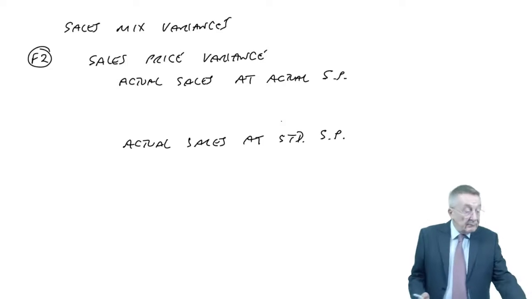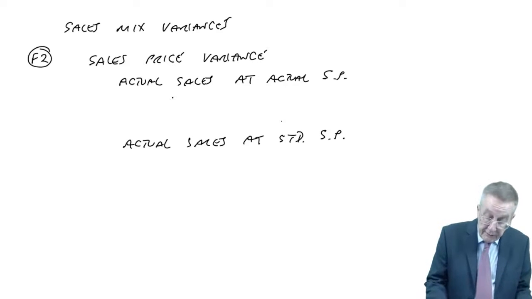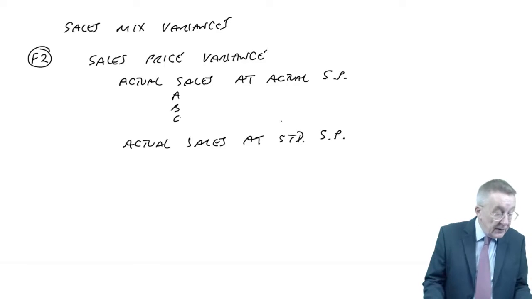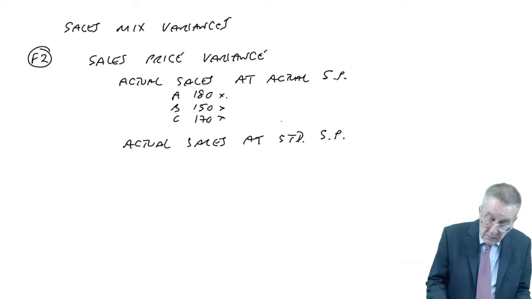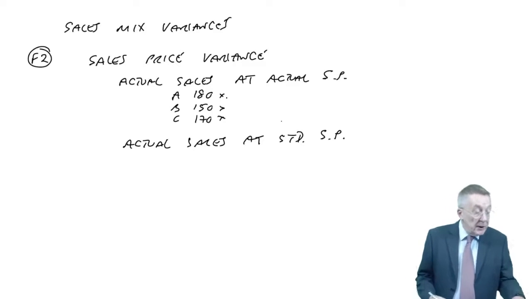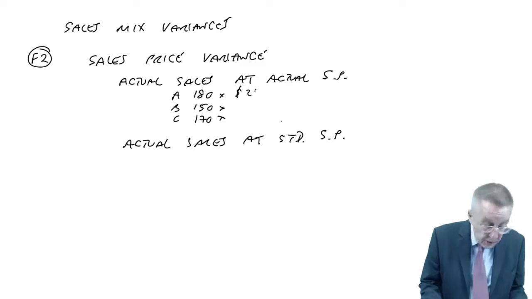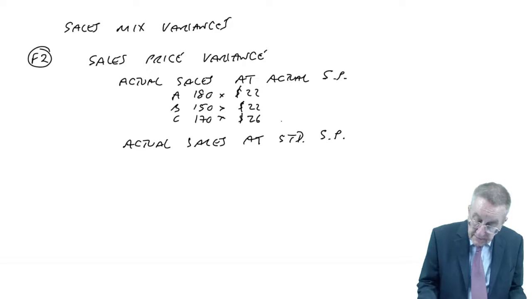Well, same here. It just happened to be 3, makes no difference. A, B, C, the actual sales 180, 150, 170. The actual selling price 22, 22, 26.